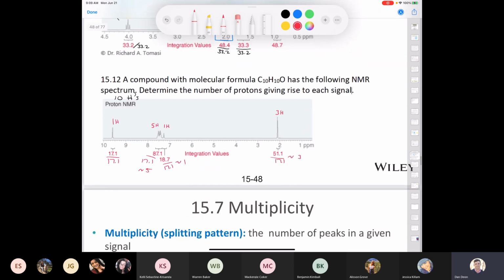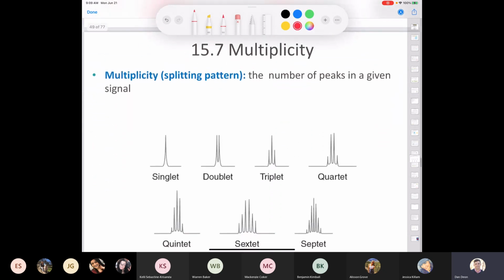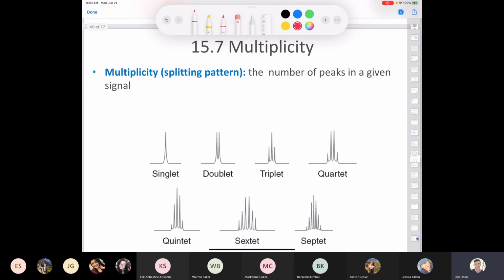Next, we're going to take a break right now, but the next thing that we're going to talk about is probably the most key out of chemical shift, integration, and multiplicity. I'd say multiplicity is the most key, because if you remember, the first thing I told you in this chapter, if you go all the way back to 15.1, I said that NMR can help you determine the connectivity of a molecule.